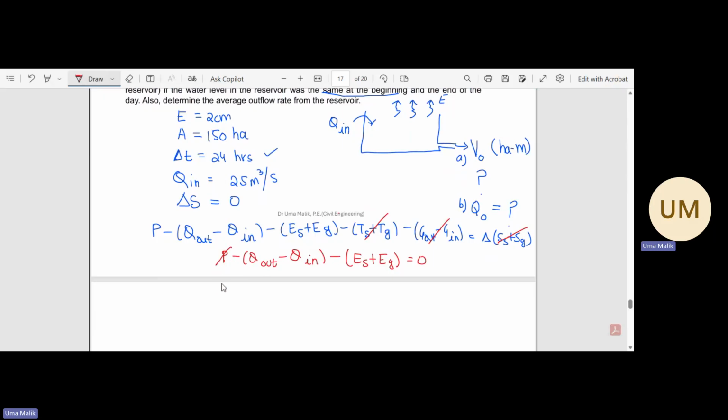Precipitation is also out because that's not given to us in the problem. So what is Q out that we need to calculate? Q in is given to us as 2.5 meter cube per second, minus E, which is given as 2 centimeter, is equal to 0.